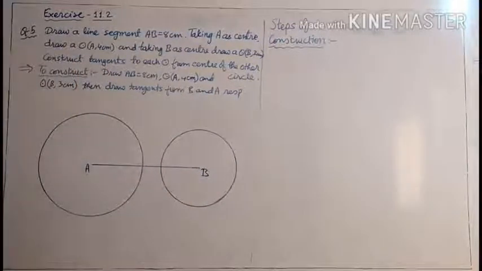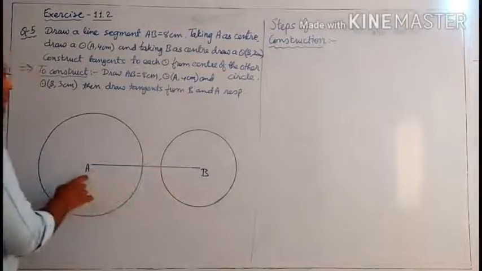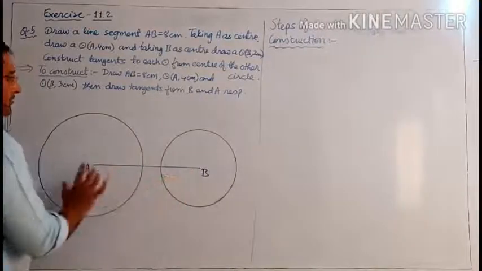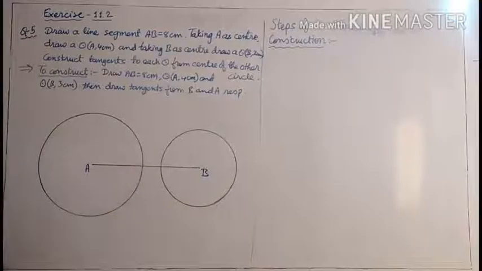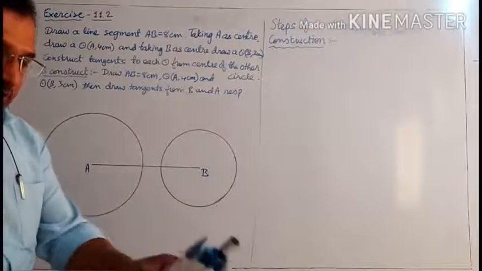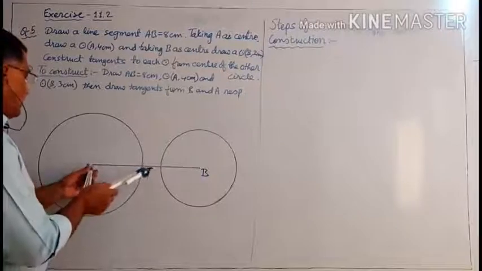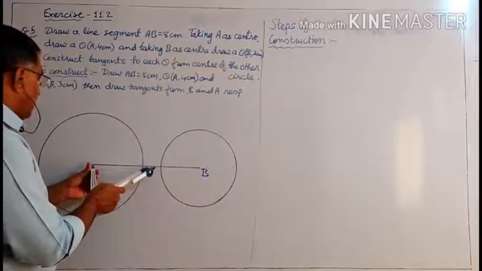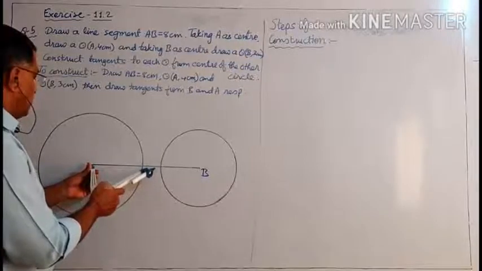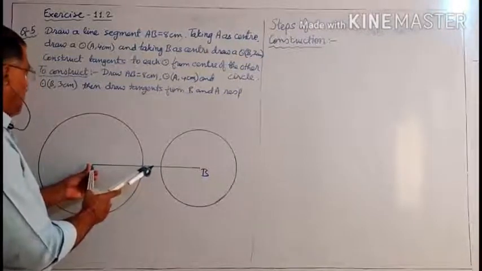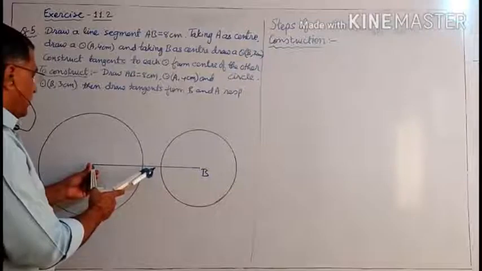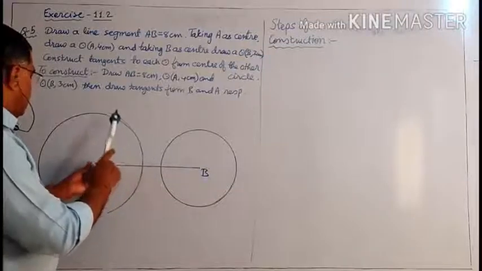Now our question is to draw tangents to the circle from point B. First of all, from point B, we have to draw the perpendicular bisector of line segment AB. That is, we have to get the midpoint of line segment AB. So to get the midpoint of line segment AB, let us draw the perpendicular bisector.